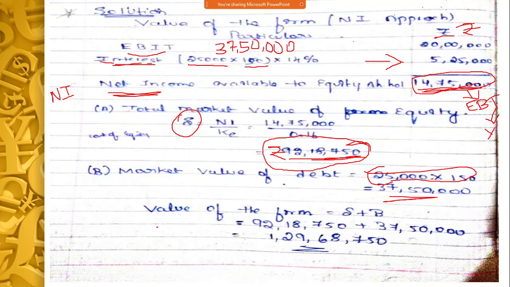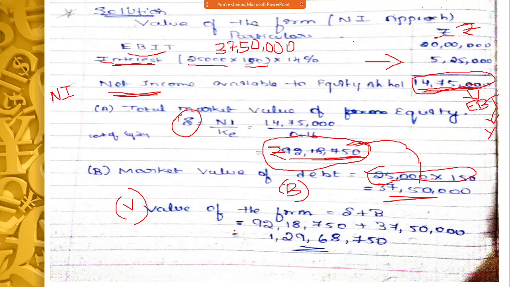Value of the firm is represented by V. Now, market value of the debt is represented by B. So, the total value of the firm V is equal to S plus B. That is, we add these two values.